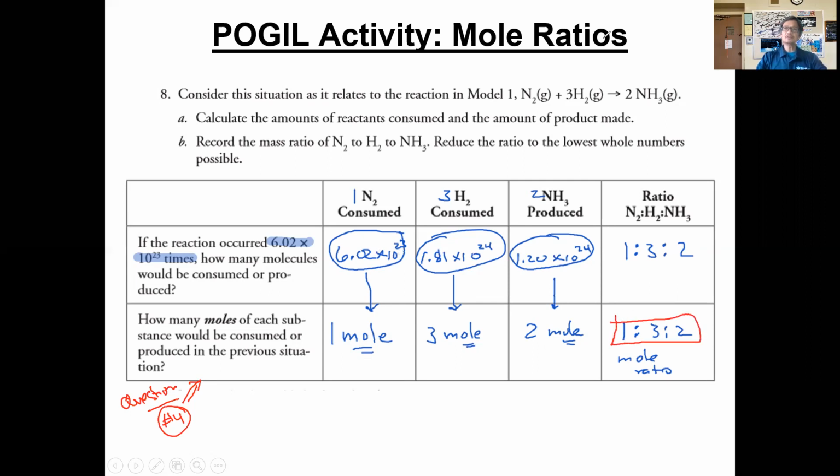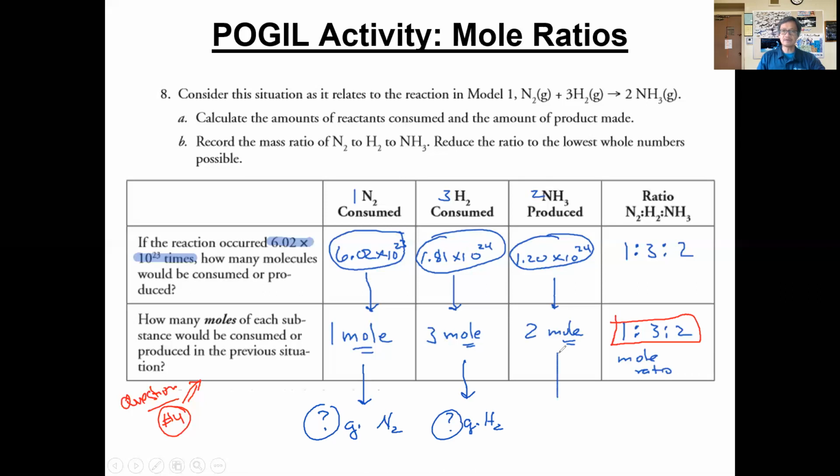So the question I would like you to consider, and I want you to write this down: what is 1 mole of nitrogen equivalent to? I want you to do this calculation for me. What's the equivalent amount in grams of nitrogen if you have 1 mole of nitrogen? What are the equivalent grams of hydrogen if we have 3 moles of hydrogen?